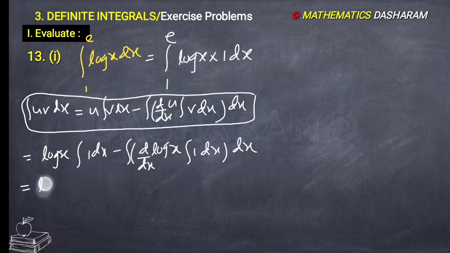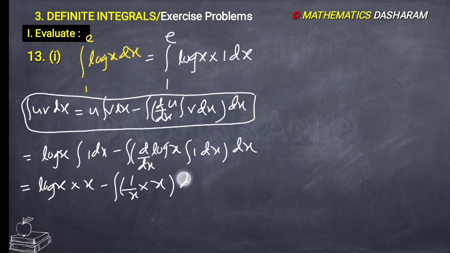Here u is log x, so it is equal to log x into integration 1 dx, which is x, and the derivative of log x is 1 by x, and integration 1 dx is x, whole dx. Then x into log x minus, here x cancels, integration of 1 dx is x.